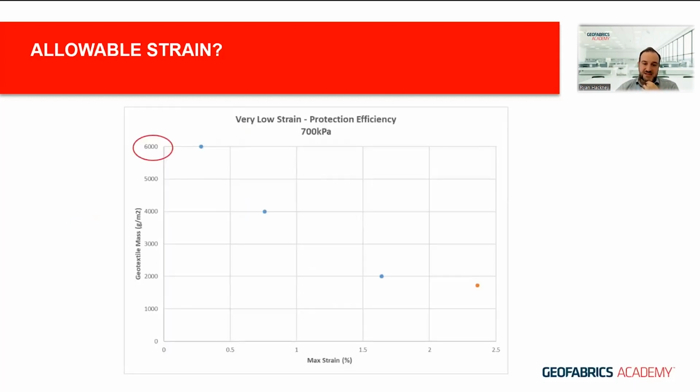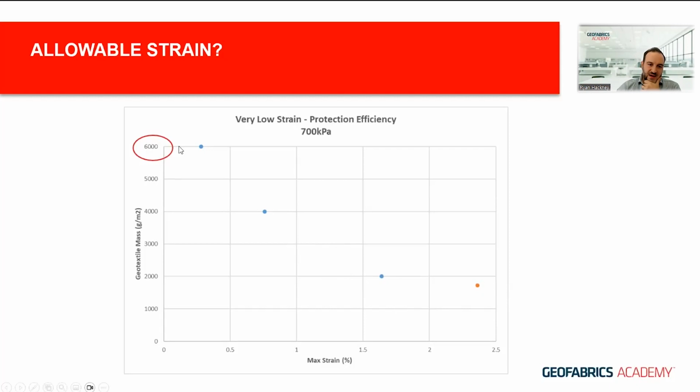Recently we've been doing some testing, trying to achieve really low levels of maximum strain. An example is under 700 kPa with a 20 mil aggregate, which isn't really that aggressive when you look at it in terms of point loads. We've looked at one layer of 2,000 gram geotextile, 2 layers of 2,000 gram geotextile, 3 layers of 2,000 gram geotextile, and also 2 layers of continuous filament.